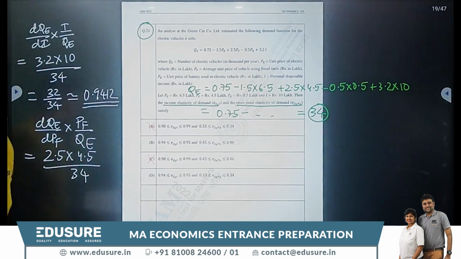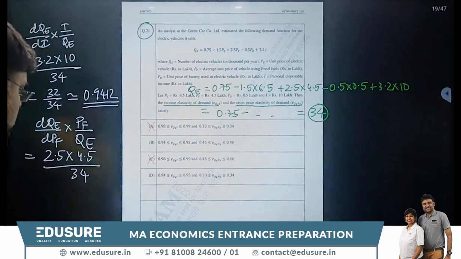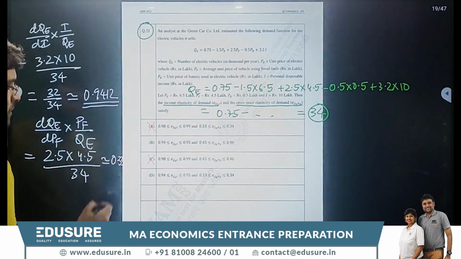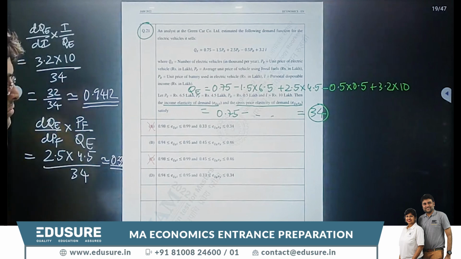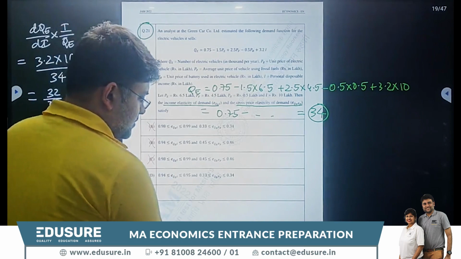So 2.5 into 4.5 divided by 34 is approximately 0.33. Okay, so the answer will not be this.